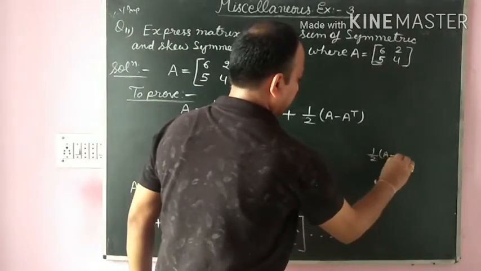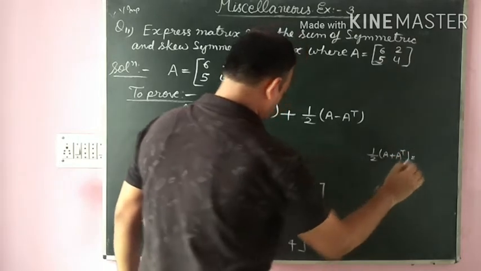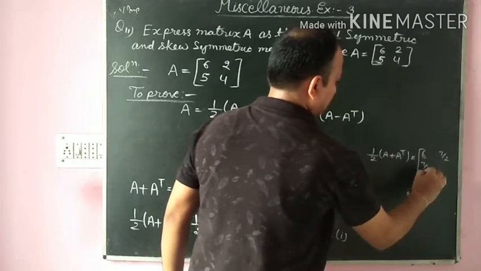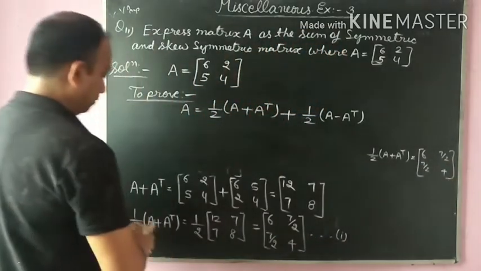हाँ, A plus AT को सॉल्व करने का आंसर कितना आया है: 6, 7 upon 2, 7 upon 2 and 4.